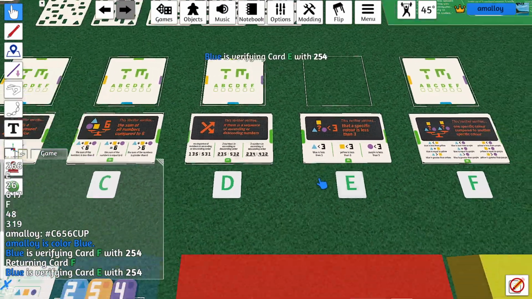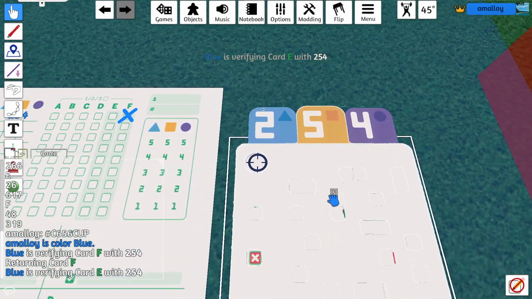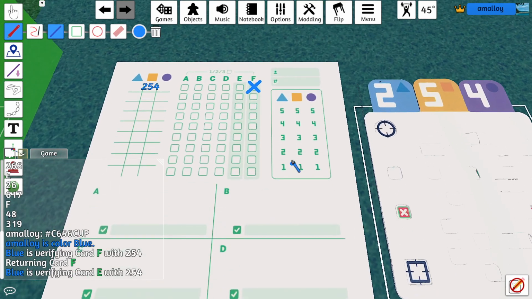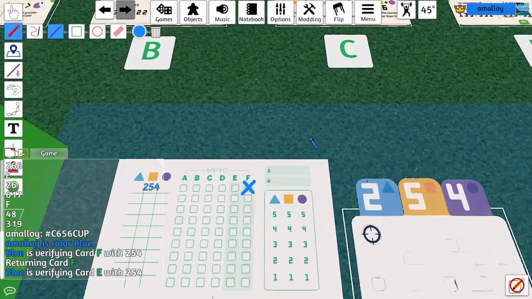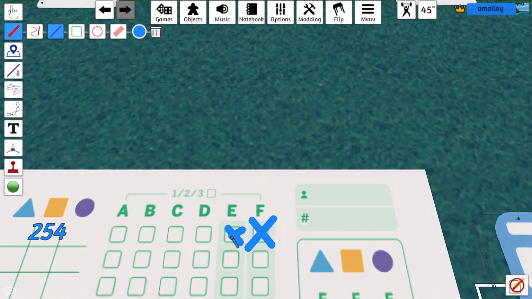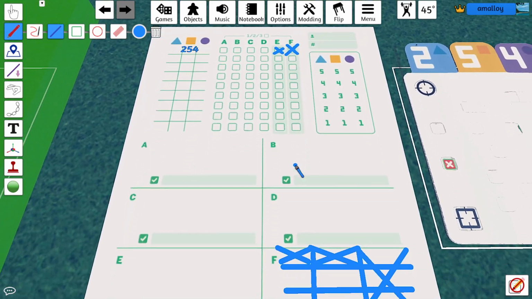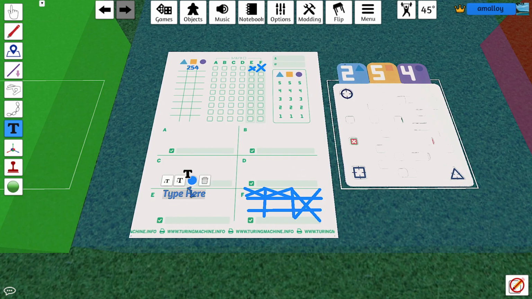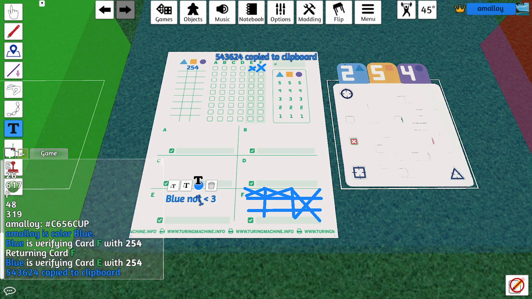I still wanted to ask E. Let's do that. So blue is not the one that it cares about being less than 3. That was E, right? So let's just note that under E, blue not less than 3.